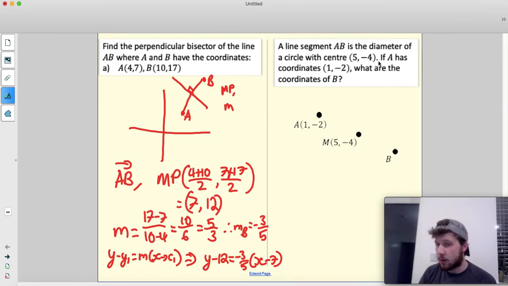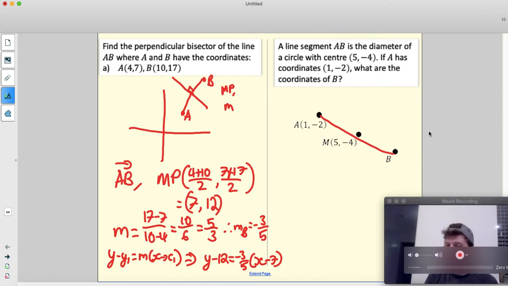The next type of question: I've got a line segment AB as the diameter of a circle, so I know this line here is the diameter, and I've also got a centre coordinate. What are the coordinates of B? I could go about this in a few ways, but the easiest way is to think about what's actually happening.